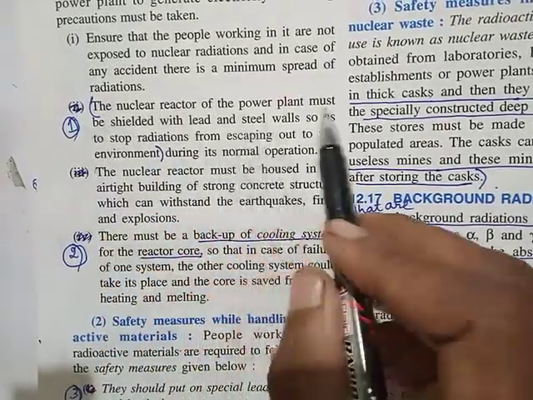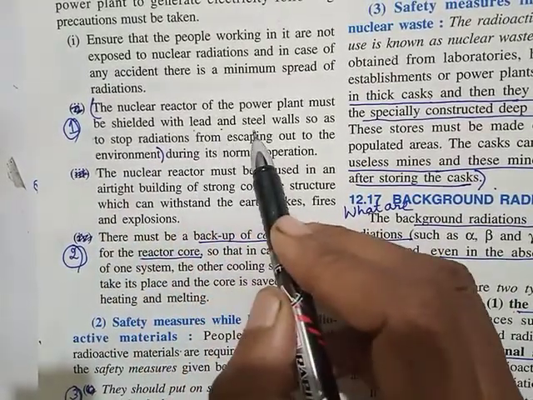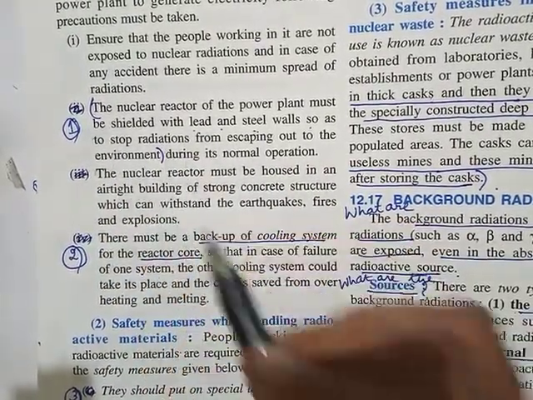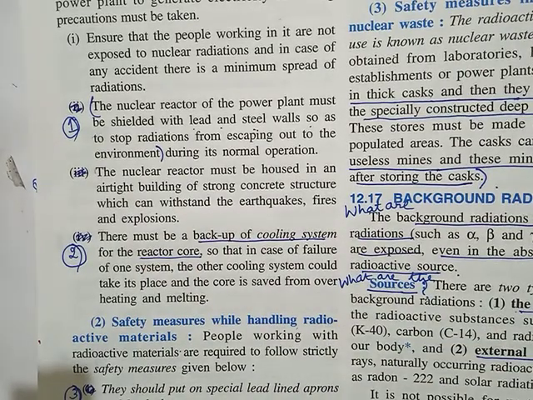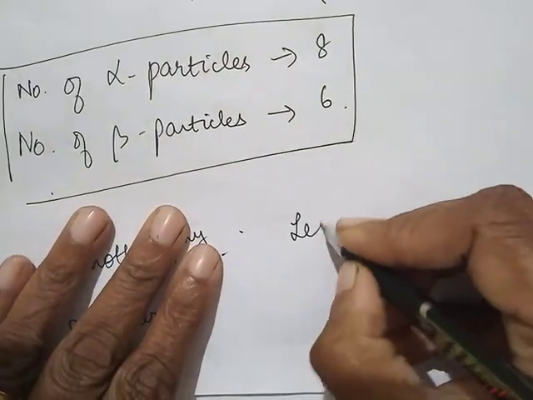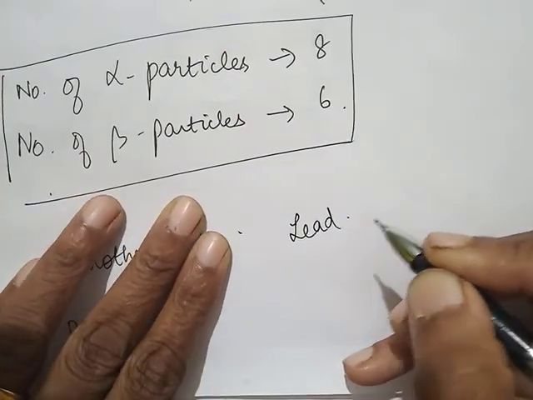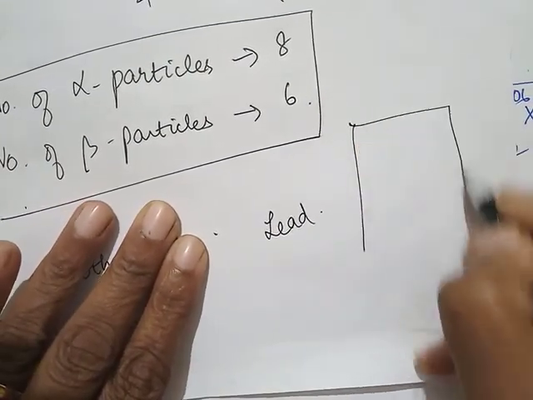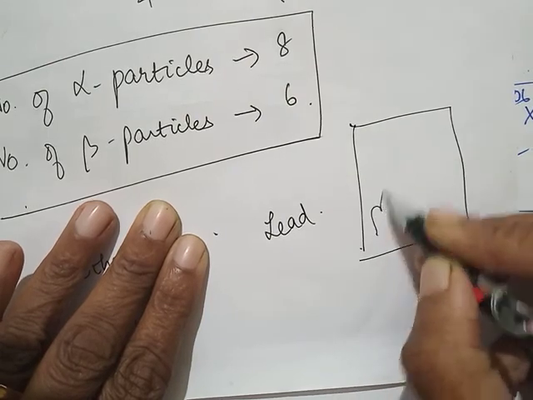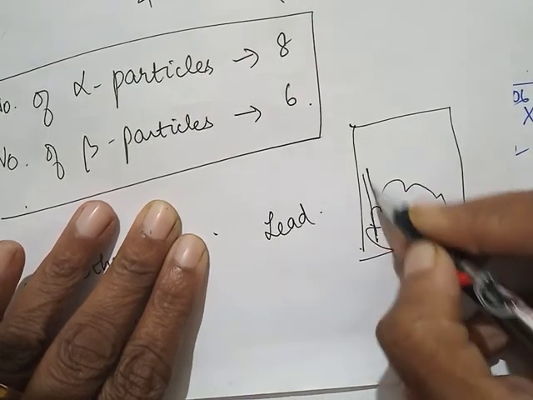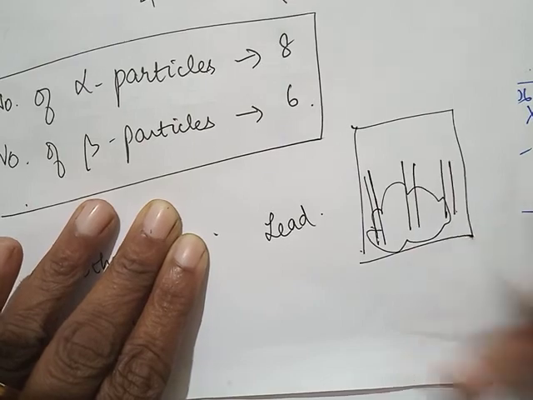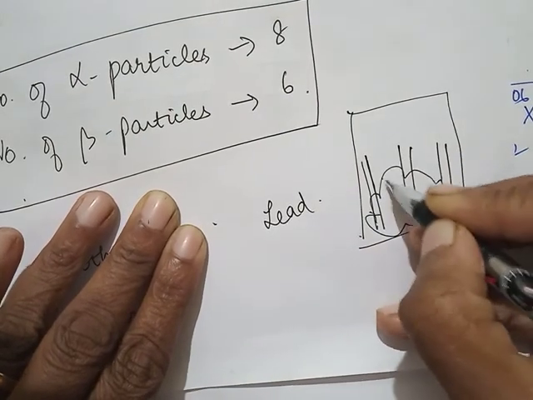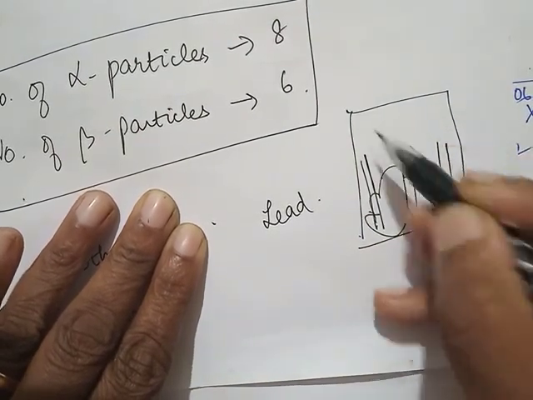First one, the nuclear reactor of a power plant must be shielded with lead and steel walls so as to stop radiations. One thing you should know, lead is one material that can stop the radioactive radiation. Suppose there is a nuclear power plant here, there is lots of uranium here. Okay, there will be control rods and all that, and they are constantly emitting alpha, beta, and gamma.